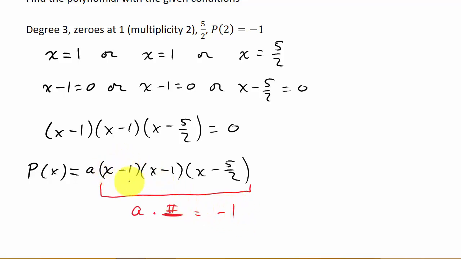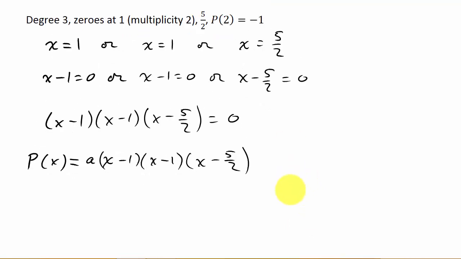Once I plug the 2 in, I can solve to see what a needs to be. This could be -1, and if that's the case, then a is just 1. But we have to put that a there so we satisfy this condition.